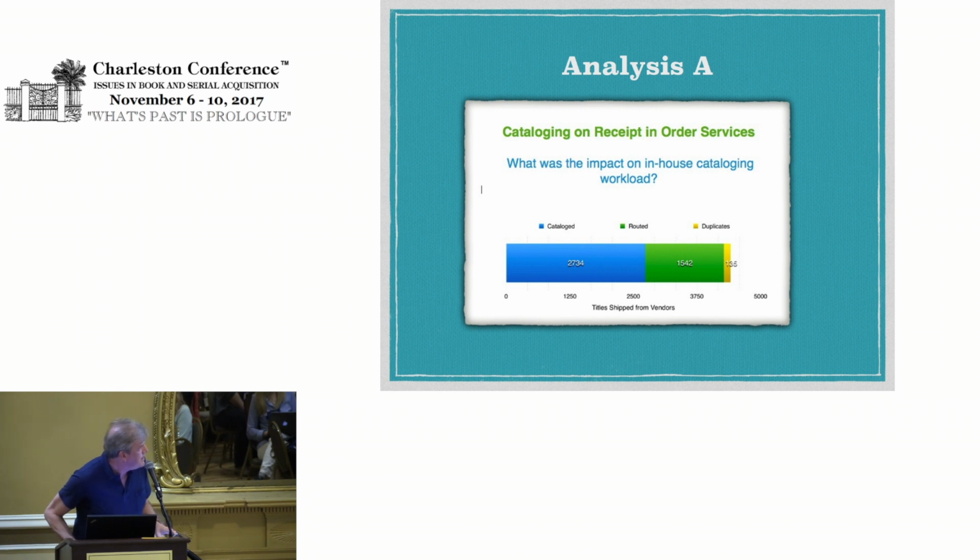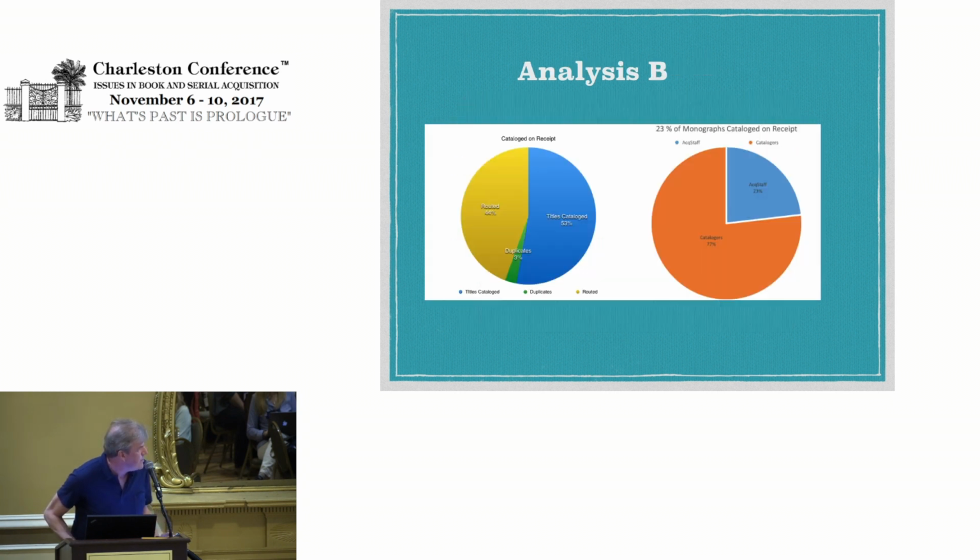But I decided that what we really wanted to tell was the story of our cataloging on receipt and what the impact was on our in-house cataloging workload, the things that we couldn't catalog in acquisitions. In order services in this particular time frame, we cataloged 2,734 and routed 1,532, and we eliminated a lot of duplicates in that process of titles that were shipped from vendors.